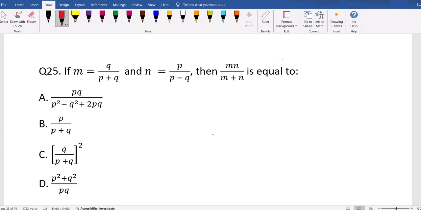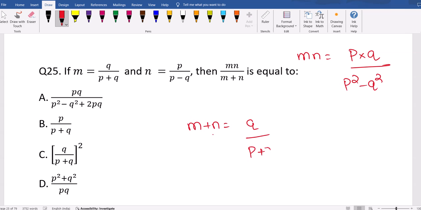If you do the product Mn, the result is P into Q divided by the denominator P square, P plus Q into P minus Q. Whereas for M plus N, Q upon P plus Q plus P upon P minus Q, again the denominator LCM, P square minus Q square, will come.